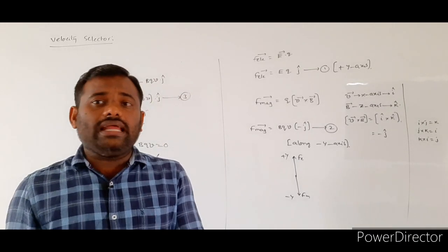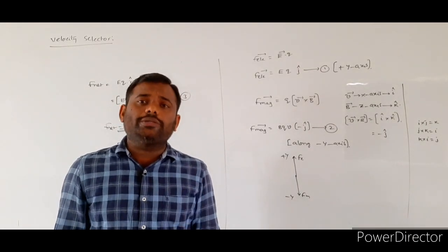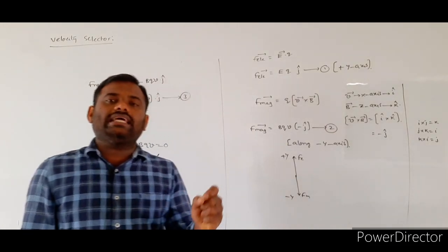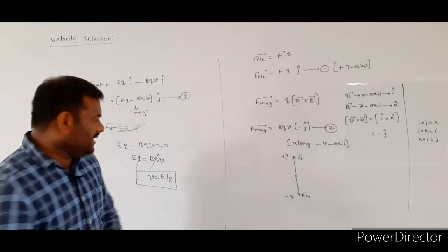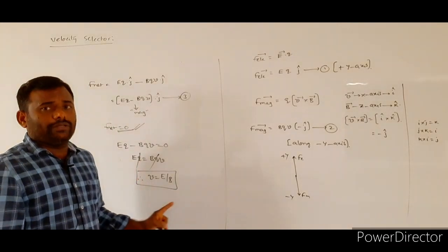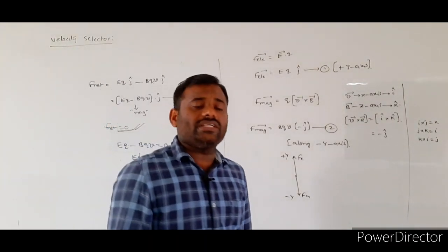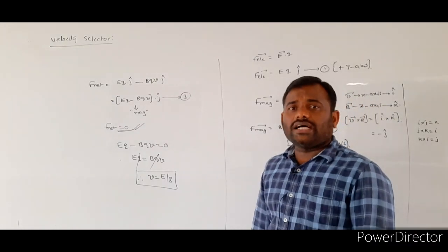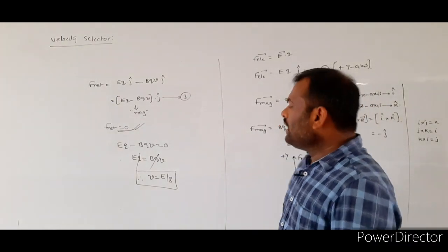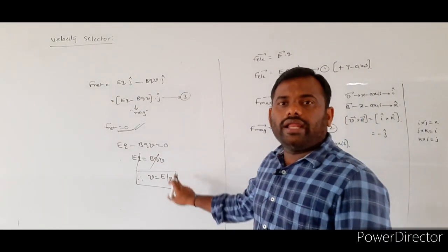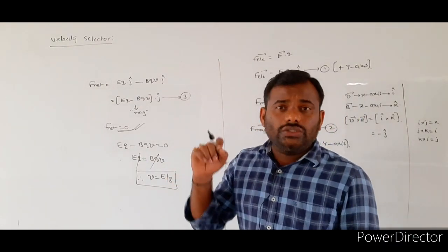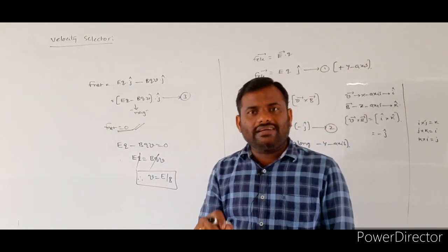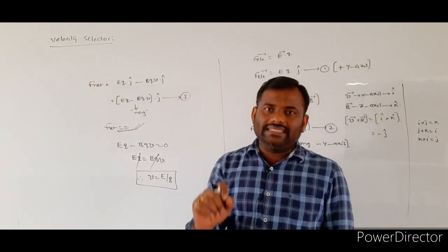So the final required condition for the charged particle not to be deviated in the presence of both the electric field as well as the magnetic field is that the velocity of the charged particle must be equal to the ratio of the magnitudes of the electric field and the magnetic field.